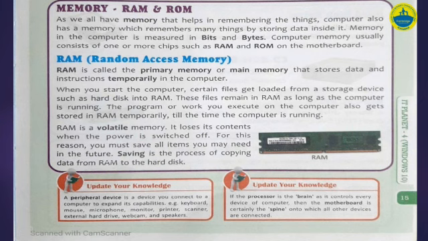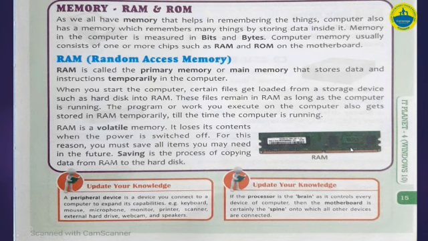That is called memory. Now a computer usually consists of two or more chips such as RAM and ROM on the motherboard. As I told you, the motherboard is a circuit board on which different components are located. So RAM and ROM are components located on the motherboard.